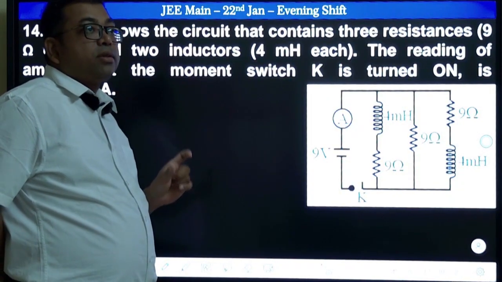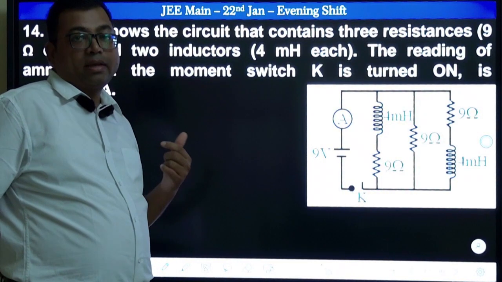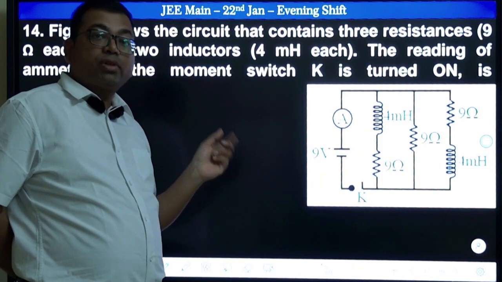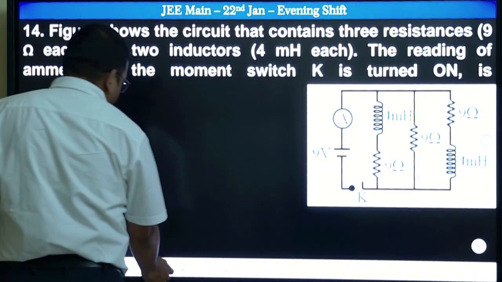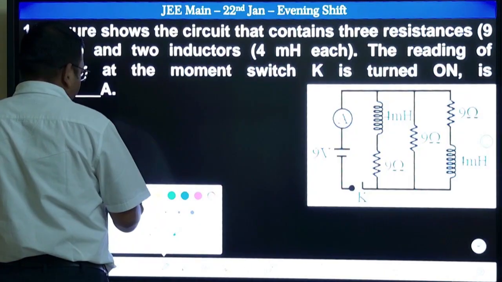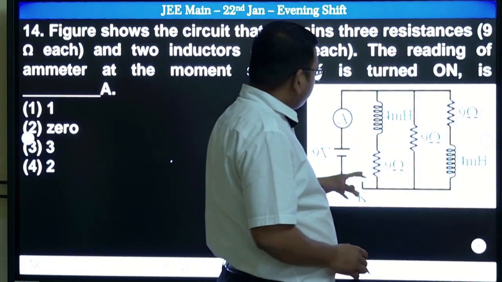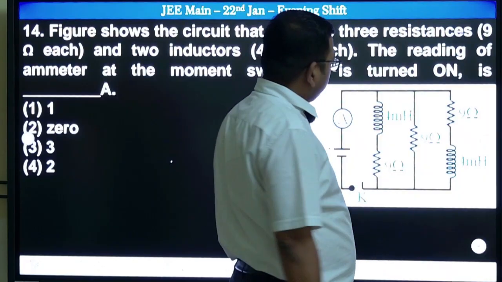A capacitor initially behaves as a conductor and finally it behaves like an insulator, right? And here the inductor behaves in reverse. Initially it behaves like an insulator, so when we press it, it will behave like an insulator. That means it will not allow any current to pass.